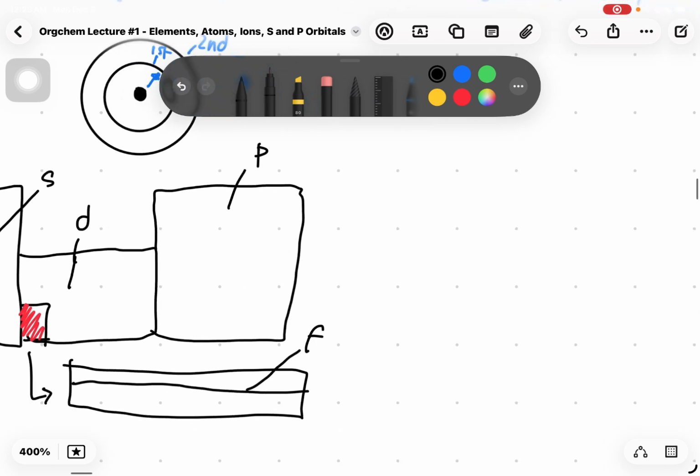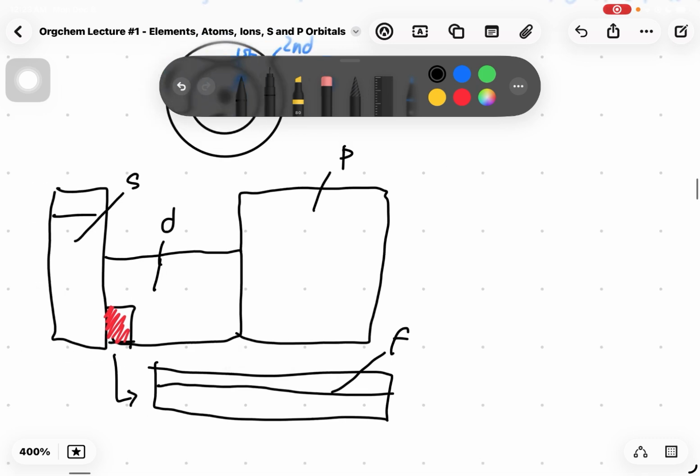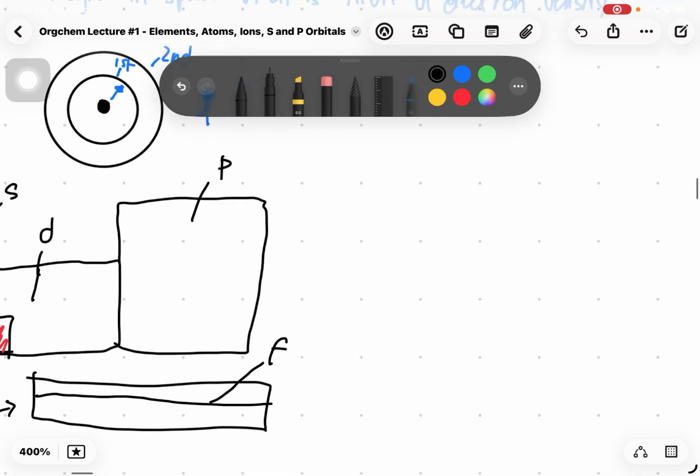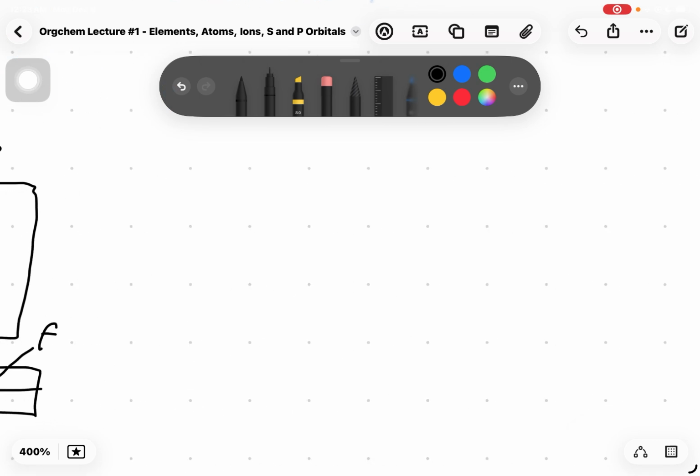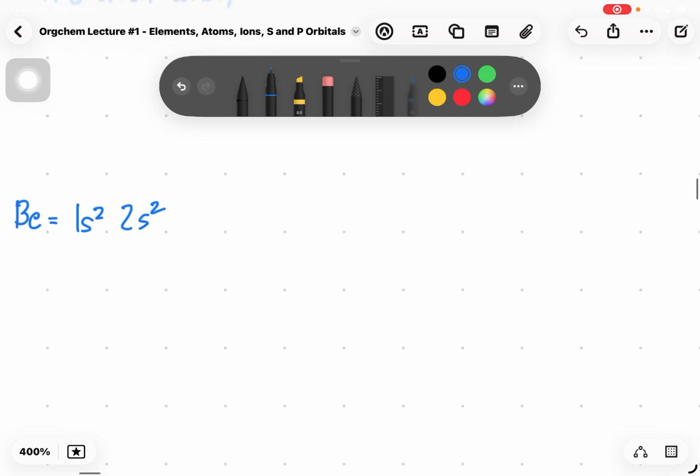And in the first shell, found here, there's only one orbital, an S orbital. So let's say we're talking about beryllium. The electron configuration of beryllium would be 1s2, 2s2. Now, how do we convert this into an orbital diagram?